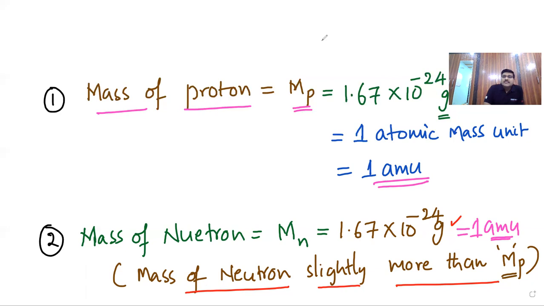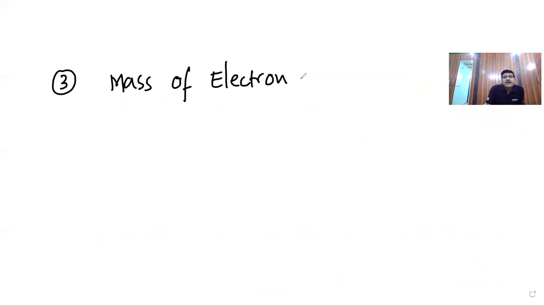Clear? Let us take the third thing: the mass of electron, which is equal to ME.